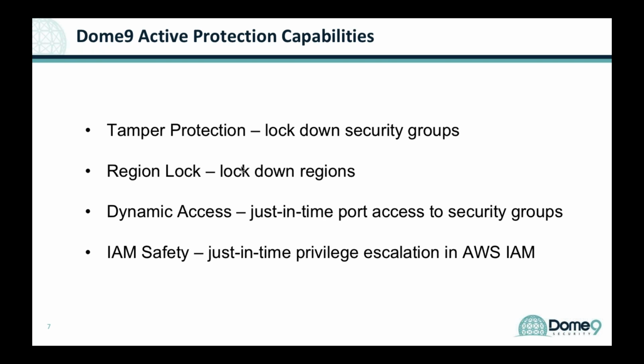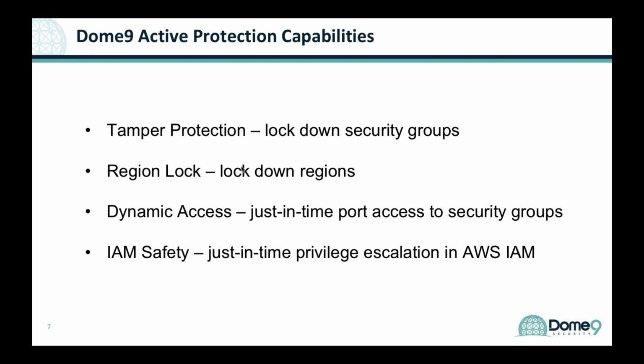And what we'll see as we get into this is that there are two different categories of functionality here. The first two are more around set it and forget it, where we want to set up these guardrails and add some extra protection to my environment and then not really have to deal with it on an ongoing basis from there.